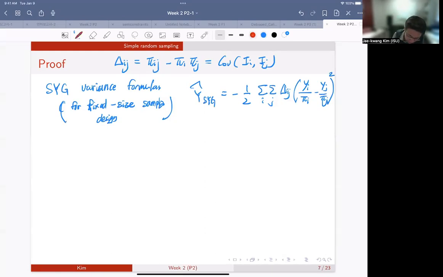Now we want to use this formula on simple random sampling. On simple random sampling, what does it reduce to? In this case, we can use the formula with minus 1 times n f times 1 minus f in the lemma.